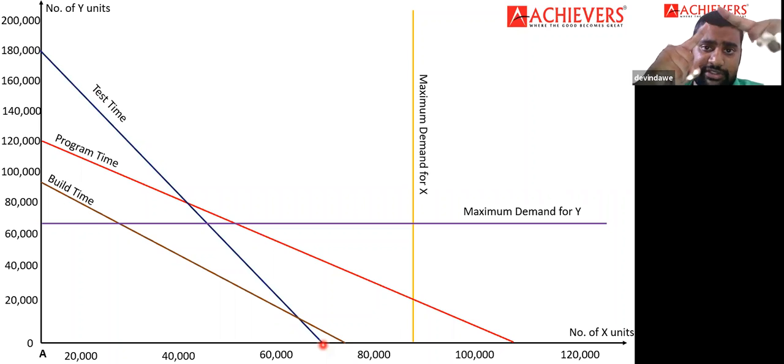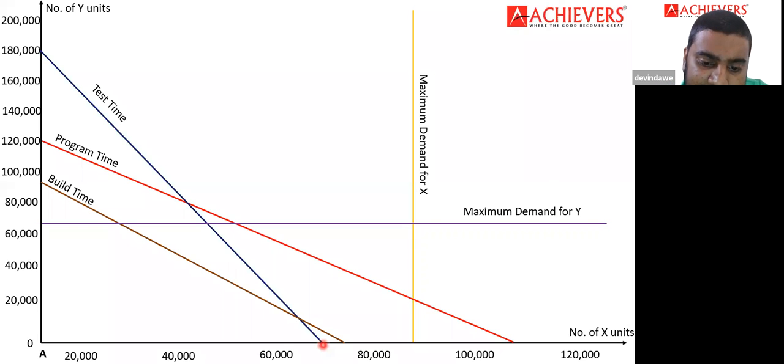Two constraints crossing each other is also a corner. Understood? Either a constraint meeting the x-axis or y-axis, or constraints meeting each other, crossing each other. Both are corners.